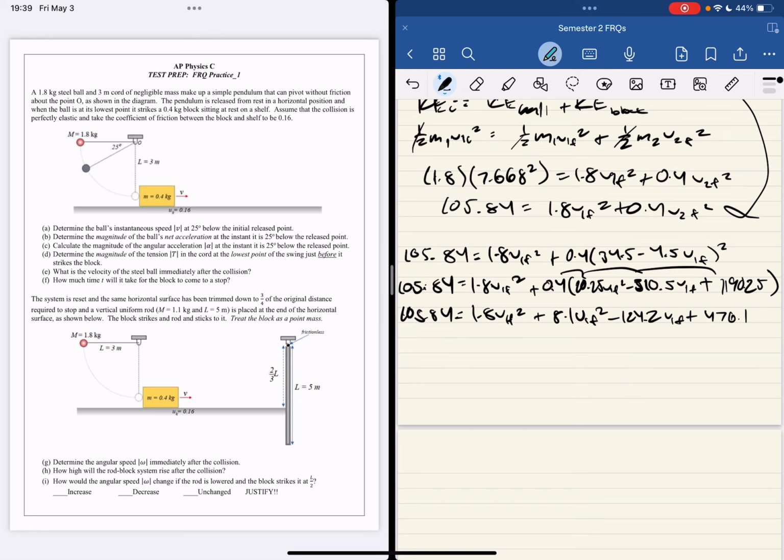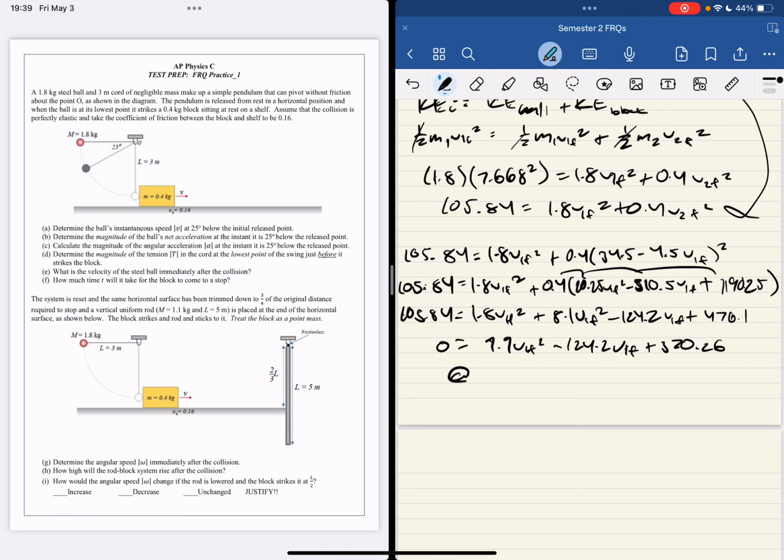So 105.84 is equal to 9.9 V1F squared minus 124.2 V1F plus 476.1. And actually, I'm just going to subtract this over right now, to set the equation to 0. So it's going to be just plus 370.26.